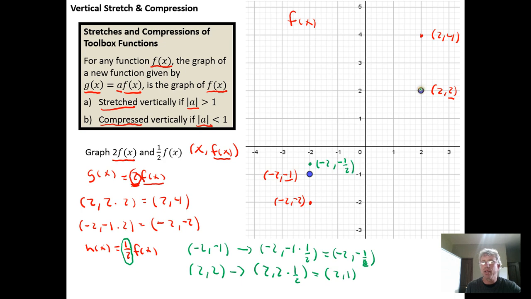So this right here gets mapped to the point with input 2, output 1. So that 1/2 scaling factor has made everything half as high. This was 2 units high before, now it's only a single unit. It's half the height that it originally was.